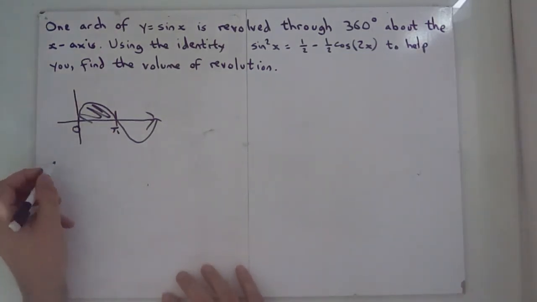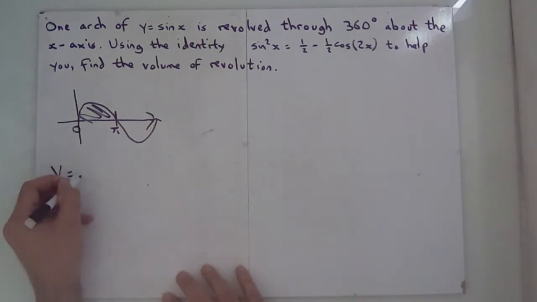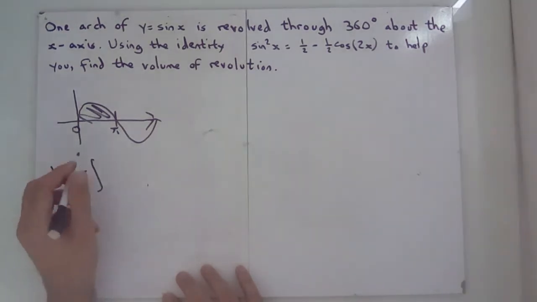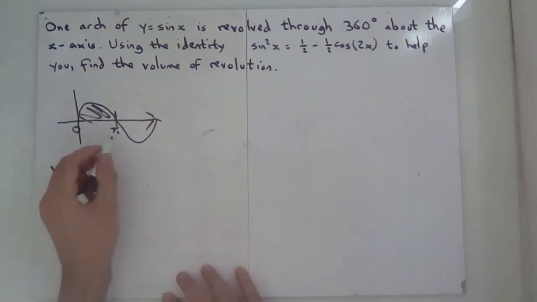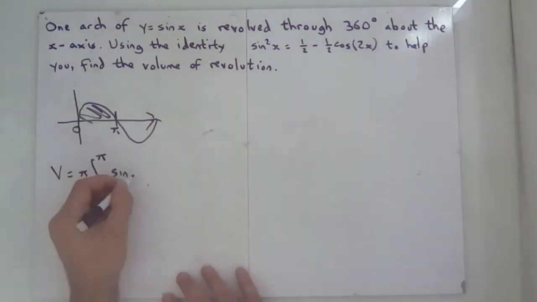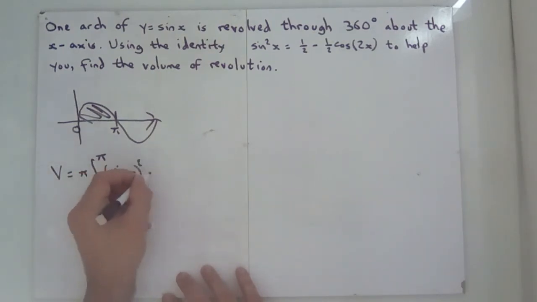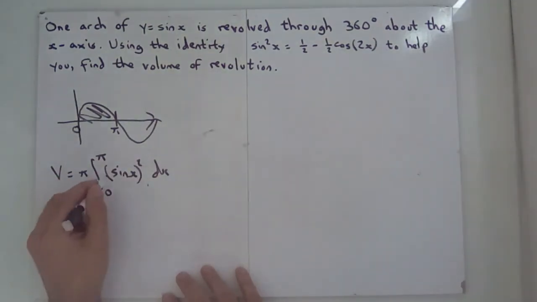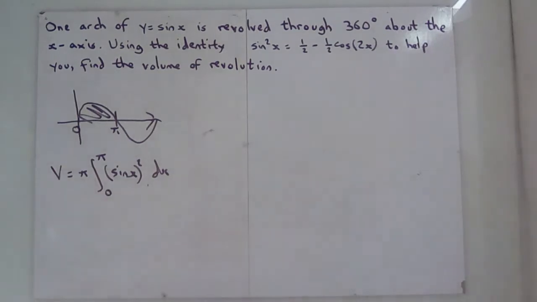So we know that the volume is going to be pi times the integral of, well, between pi and 0, sine x squared dx. So pi times the integral of y squared dx, y written in terms of x.